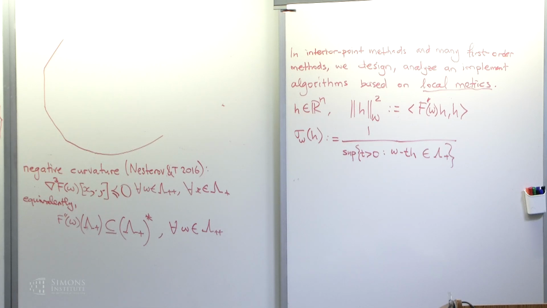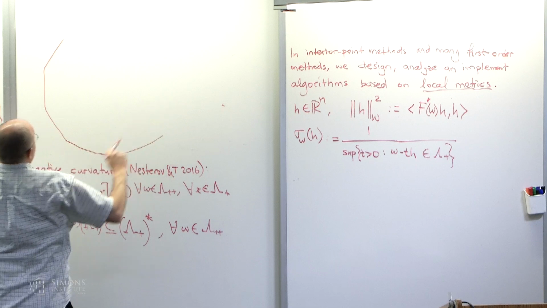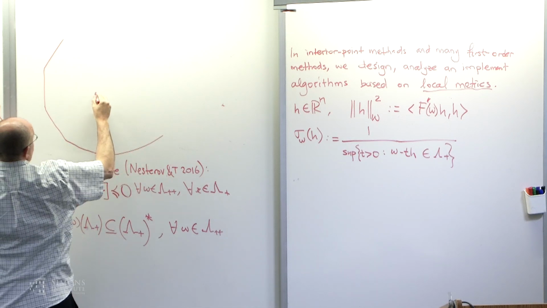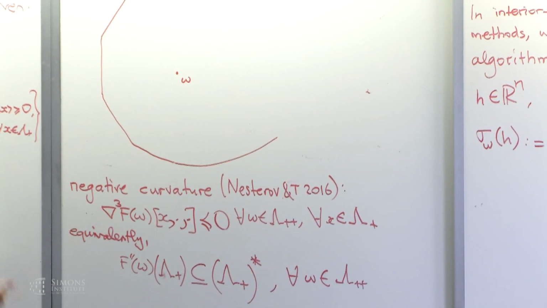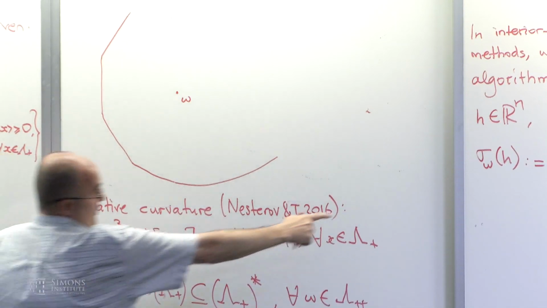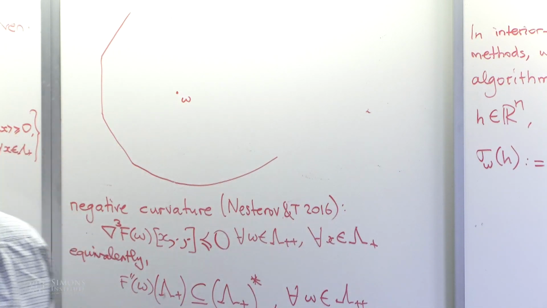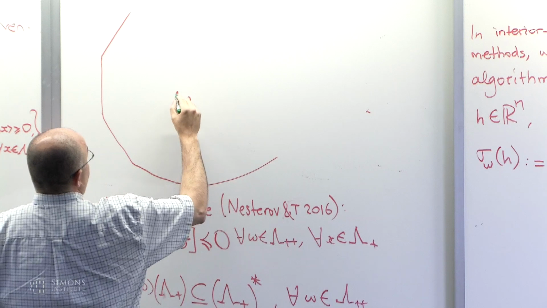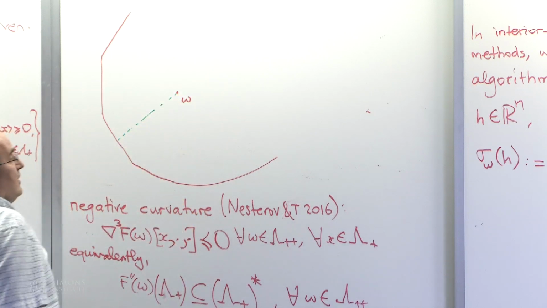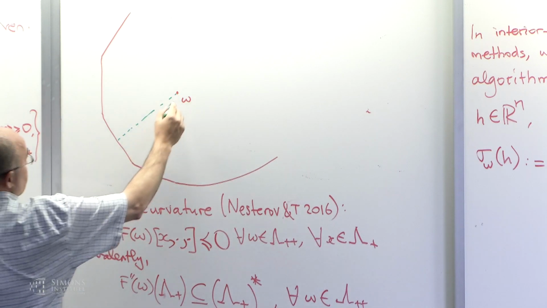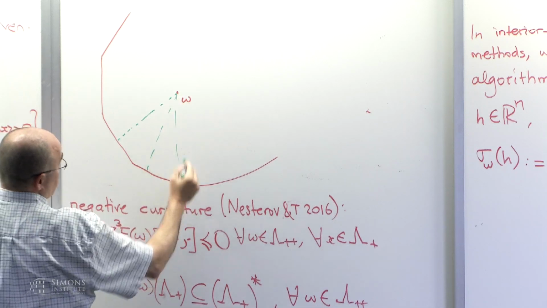You can take any interior point from the dual cone, and you'll have that kind of a geometry, and that's what I want to look at. I'm slicing the cone in a certain way, so that, say, I'm looking at a point W, maybe it's X, and then I'm looking at this function. This is the Minkowski function with pole W, and I'm looking at what's the largest step I can take in this direction, what's the largest step I can take in this direction, and so on.